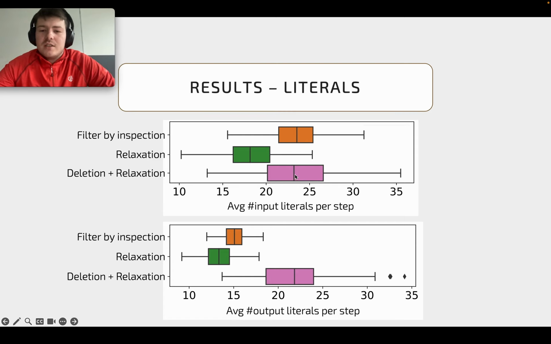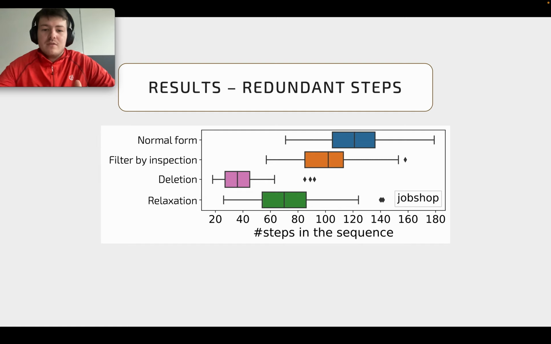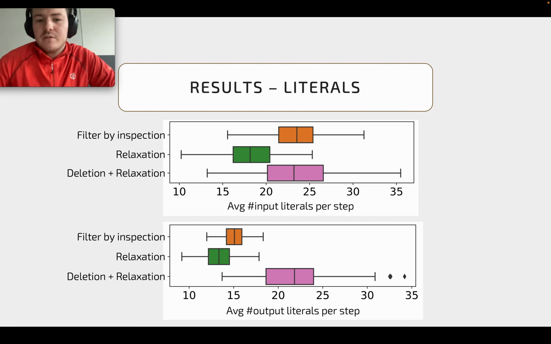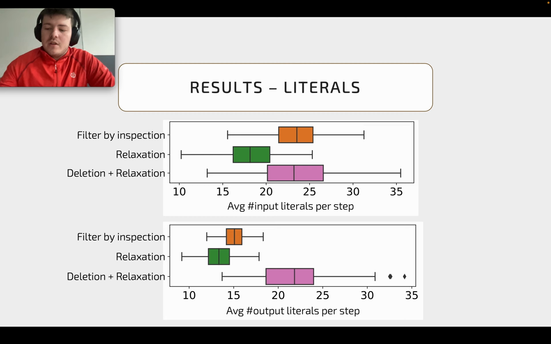This is logical. You have less steps, as we have seen before. You have less steps using deletion, but of course the steps themselves will get a bit more complicated. And this is the case for both the input and the output literals for each step. So there is a bit of a trade-off between the two, less steps or more complicated steps in terms of input and output.